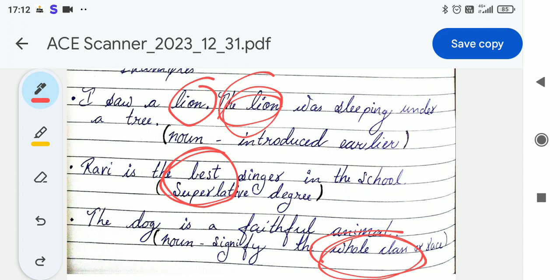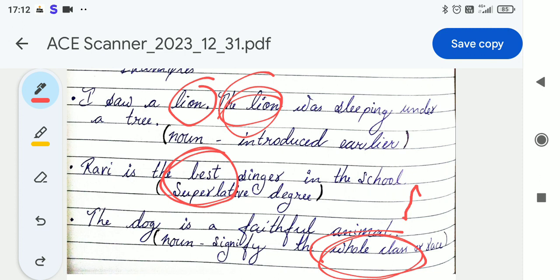The next use of the is that we use the before religious communities, castes, nationalities, political parties, ships, trains, and aeroplanes. Religious communities means the Hindus, the Sikhs, the Jats, and nationality means the English, the Indians, the Americans, and political parties means the Congress, the BJP, the CPI, the CPM, and ships and trains means the Ashoka and the Titanic.